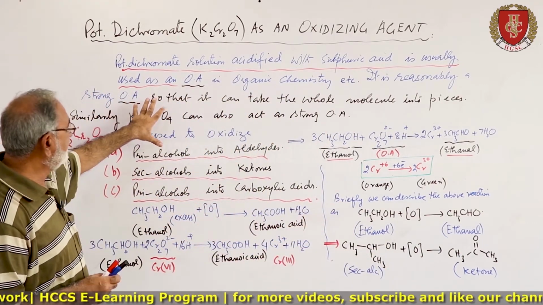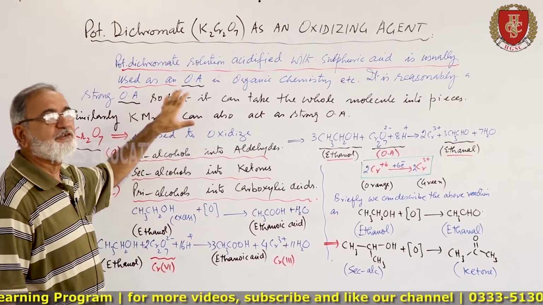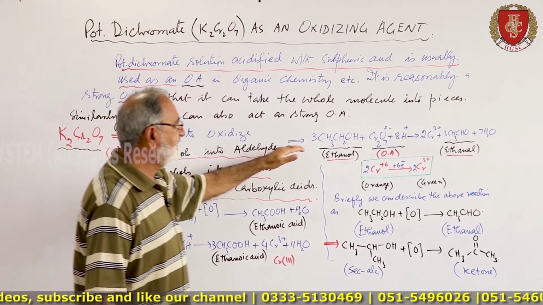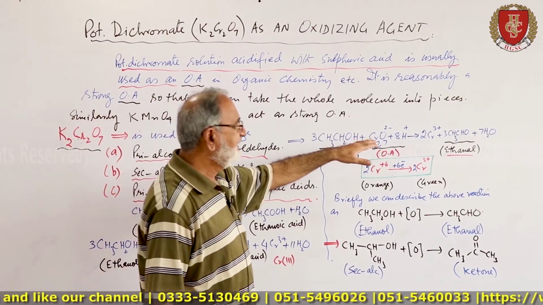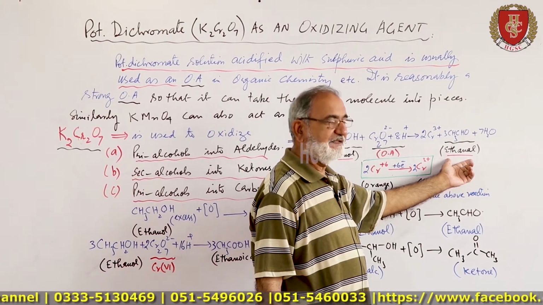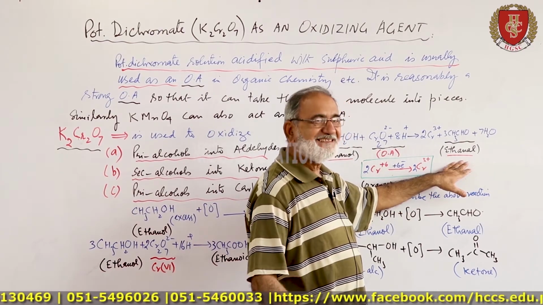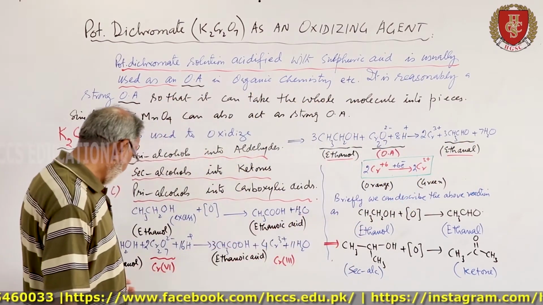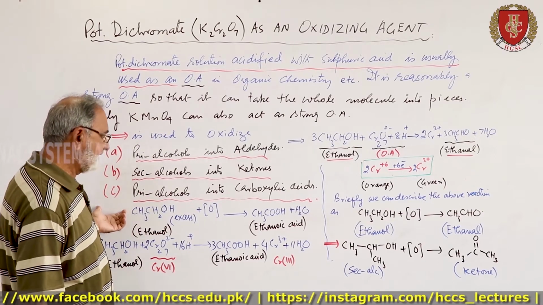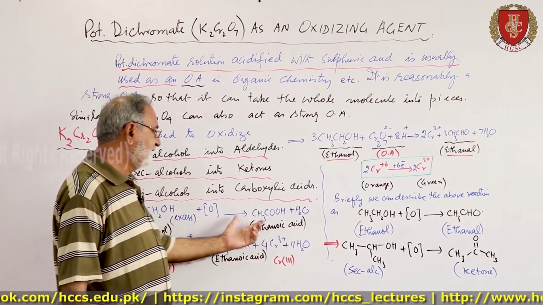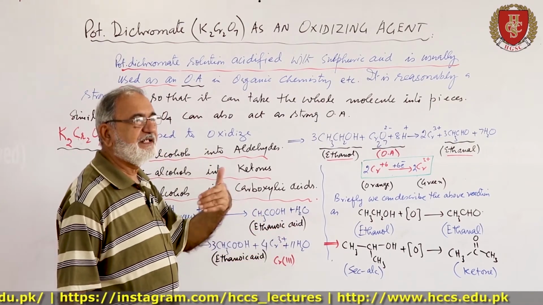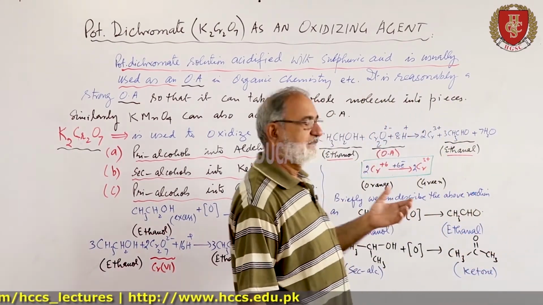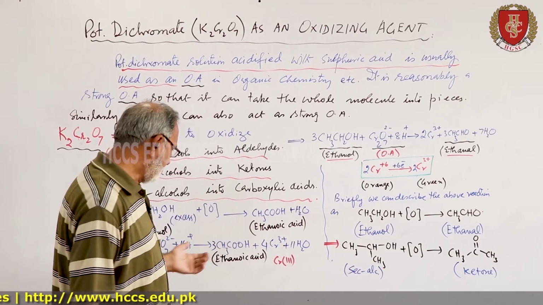So by using potassium dichromate as an oxidizing agent, we can oxidize the primary alcohols into aldehyde if this alcohol is not in excess, and the ethanal or acetaldehyde produced is immediately distilled off, then you can have the one product. But if you are having the ethanol in excess like this one, then you will have the ethanoic acid, that is, the oxidation will carry on, and you will have also acetic acid or the carboxylic acid.